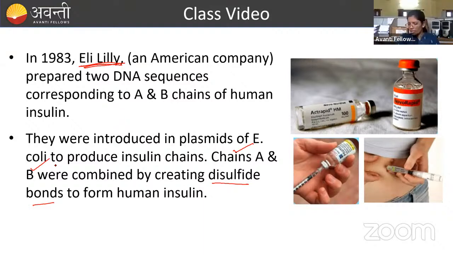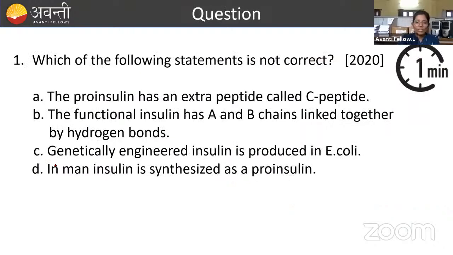So done. This is about the genetically engineered insulin. Okay. So which of the following statements is not correct? This is a question. Let me read out the statements for you. The proinsulin has an extra peptide called a C peptide. Peptide means what?